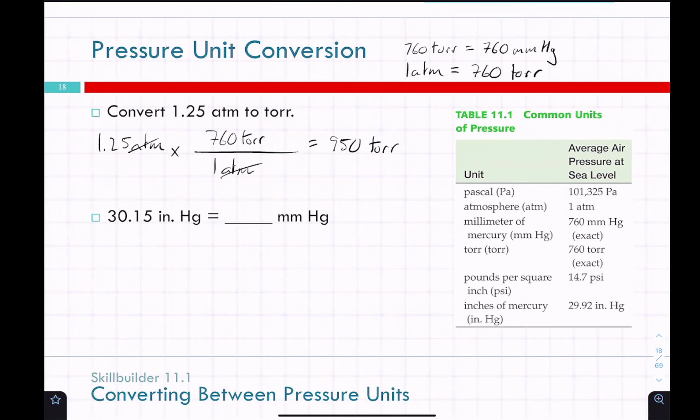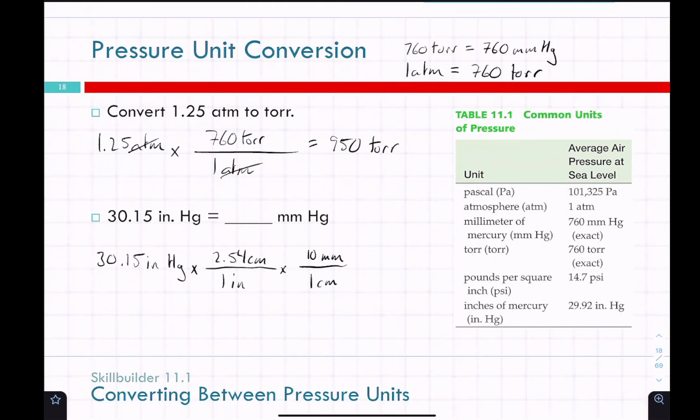And then for inches of mercury to millimeters of mercury, we can actually just use the conversion from inches to millimeters. Because 1 inch is 2.54 centimeters, but then 1 centimeter is 10 millimeters.